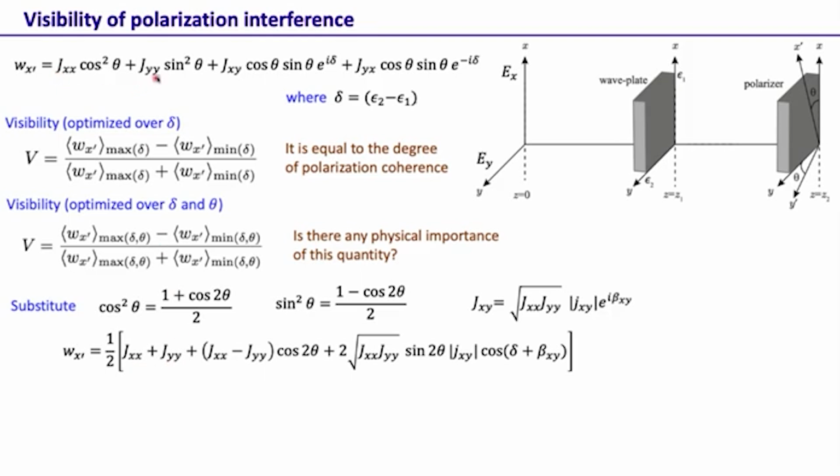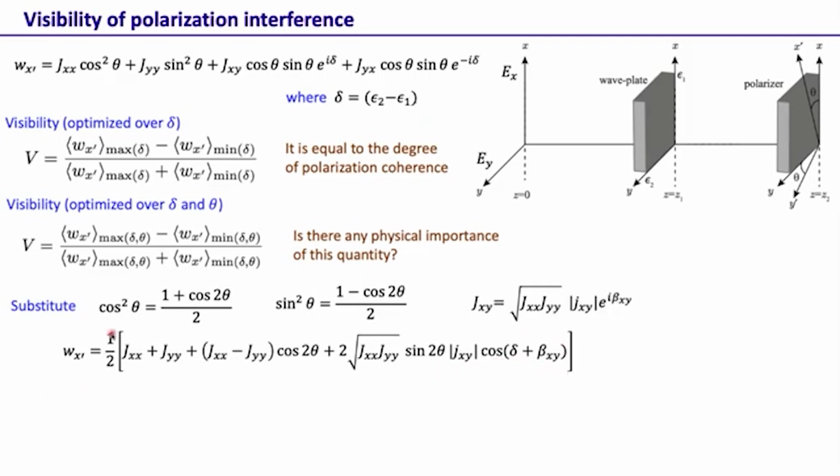That's coming from the jxx and jyy terms, this 1 and 1, and then jxx minus jyy cosine 2 theta, and then plus, we combine these two and write it as twice root jxx jyy sine 2 theta, mod of jxy, and cosine delta plus beta xy.